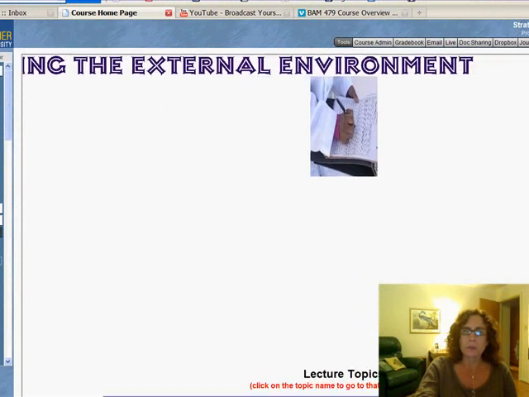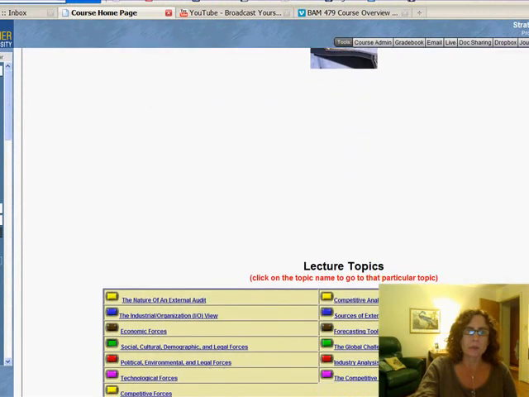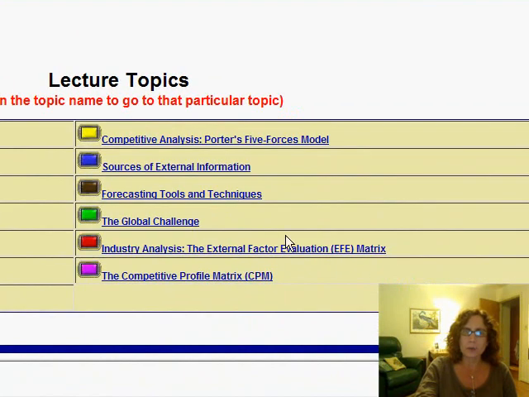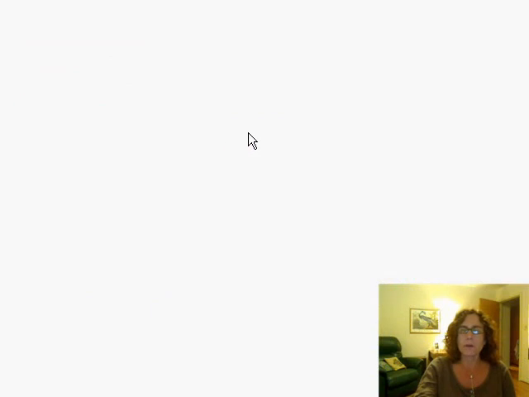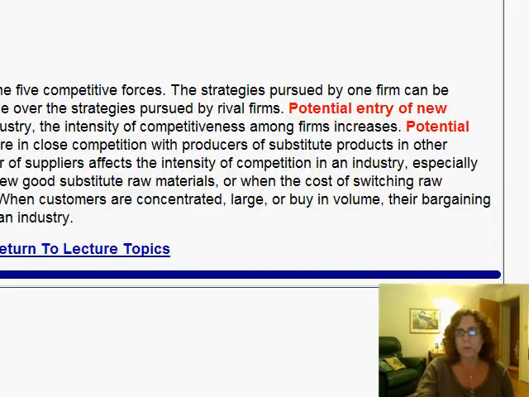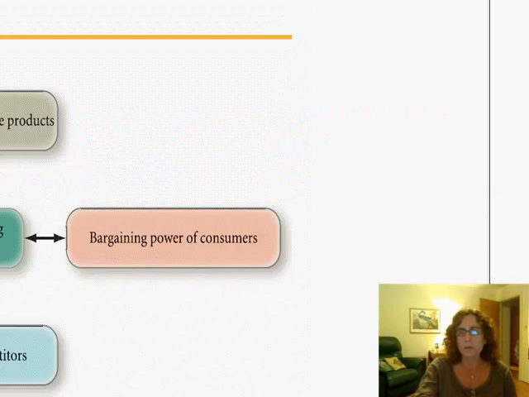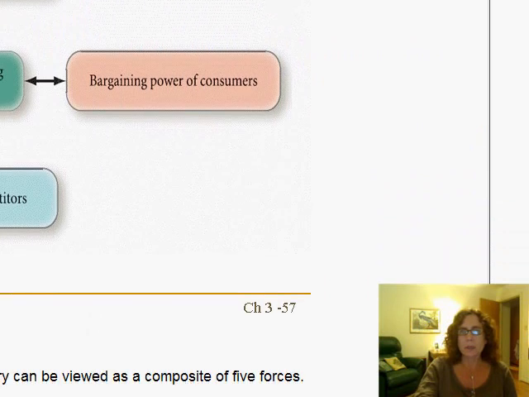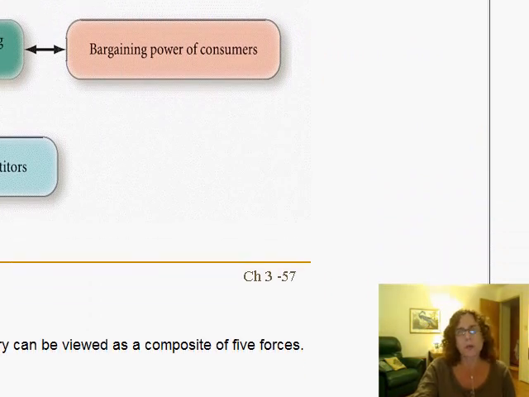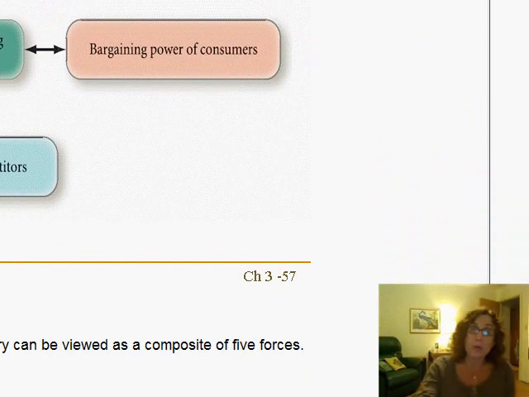Now what I'm doing here is I'm taking us into the week 3 lecture topics, and you'll see that there's a link here to the 5 forces model that Porter has put together. And what you're doing in this section is essentially applying this model to analyzing your company.